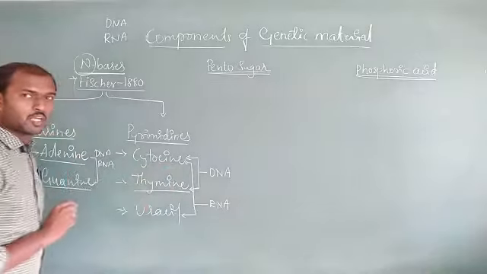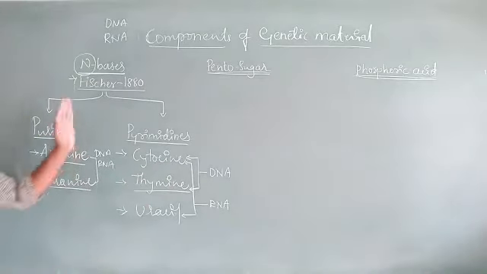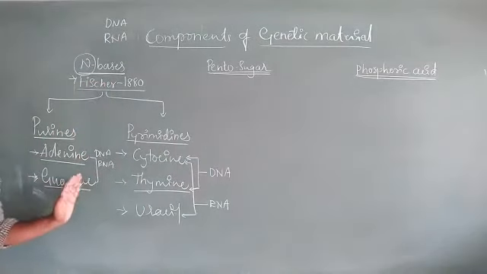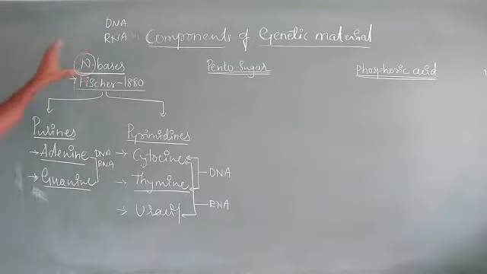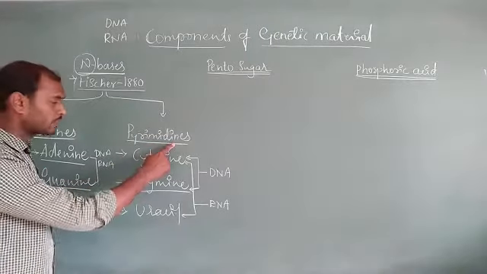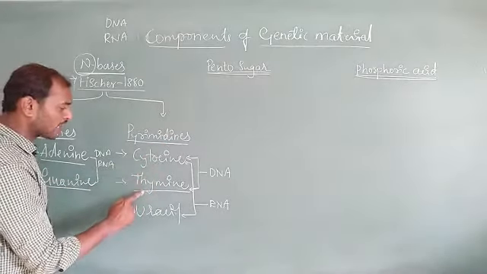Okay, understood? So there are two different kinds of what? The nitrogen bases. What are they? Adenine and guanine. Okay, and pyrimidines are of three types. They are cytosine, thymine as well as uracil.